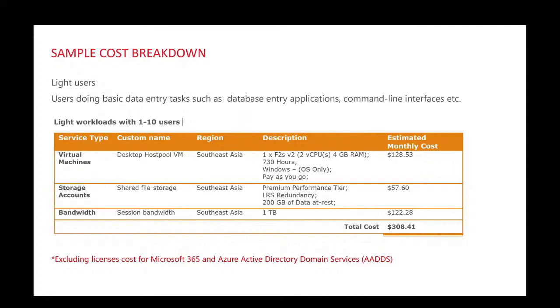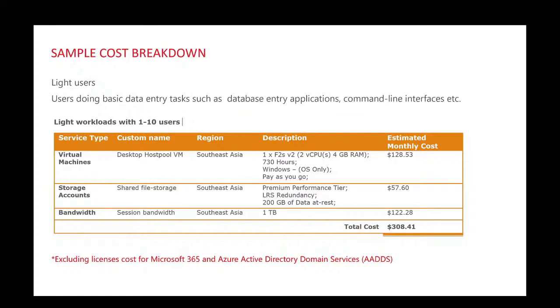And then bandwidth-wise, you may need a little bit more bandwidth, because from the data center to the user there are bandwidth charges. So it is going to be about 1 terabyte that I have calculated here. It's going to be 122. So this entire setup is on a per month basis. Per month you are paying 308, exclusive of Microsoft licenses, like Microsoft 365 licenses.